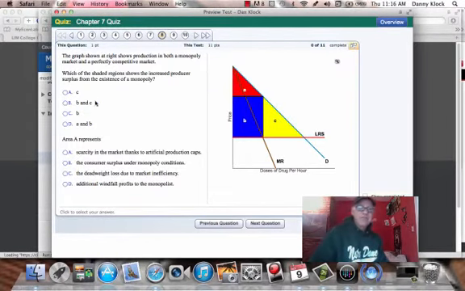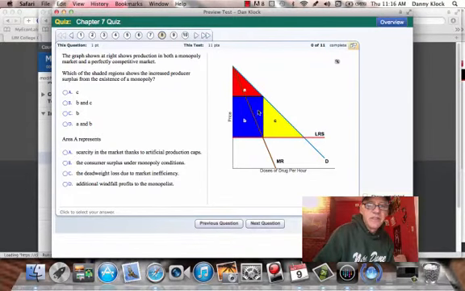So for this question, what the graphic at the right shows is production of both a monopoly market and a perfectly competitive market. Again, the market, not the individual firm, in a perfect competition. Which of the shaded areas shows the increased producer surplus from the existing monopoly? Because with a monopoly, you sell where MR equals MC, right here.